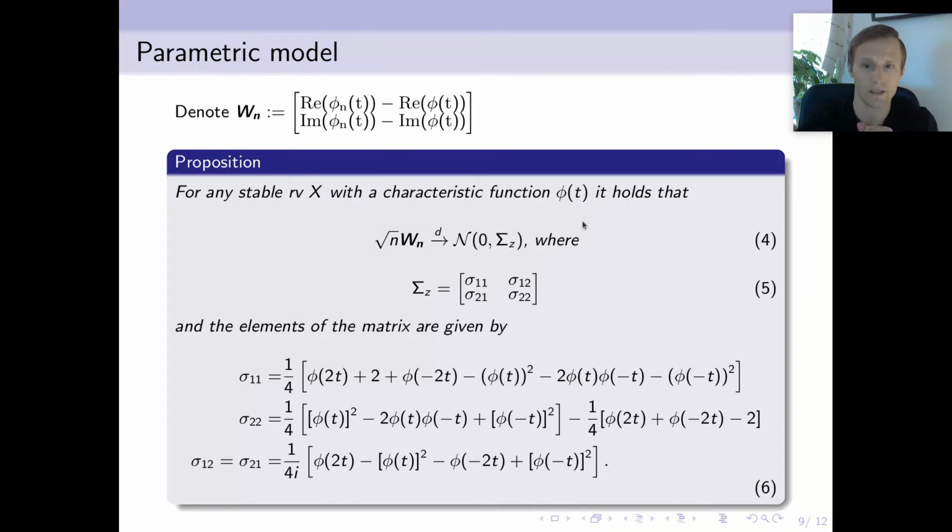And now we define a new vector Wn in the following way. We present a proposition saying that for any stable random variable x, the rescaled Wn converges in distribution to a normal random variable. This sigma is defined through its elements as shown here, so it depends only on the characteristic function.